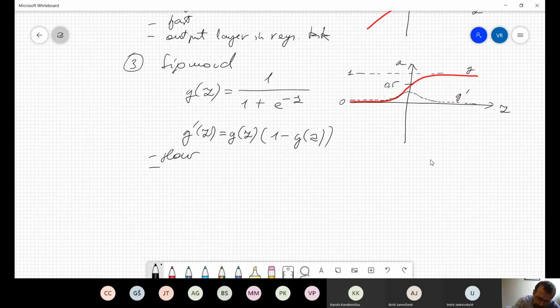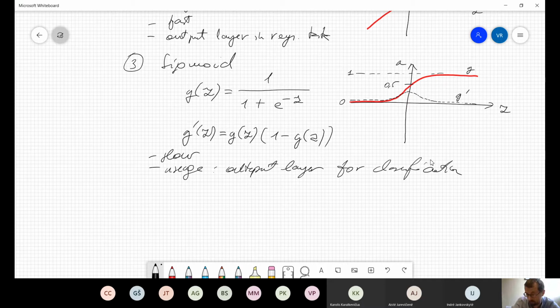So usage is mainly on the output layer and for classification. You have a network, throughout it you pass values, and at the end you pass through the sigmoid and then get the prediction, the probability from 0 to 1.